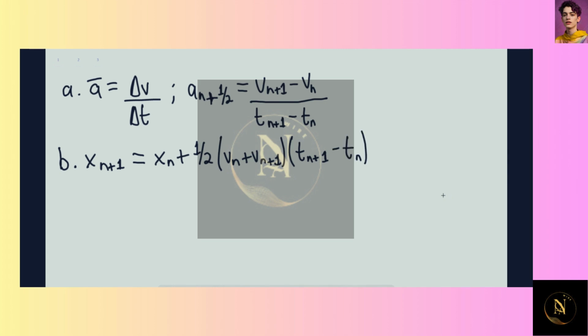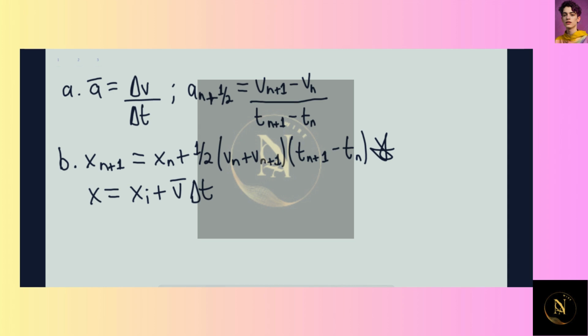We can also represent this as x equal to x initial plus the average velocity times delta t. However, you want to use this equation because this is obviously much more specific.